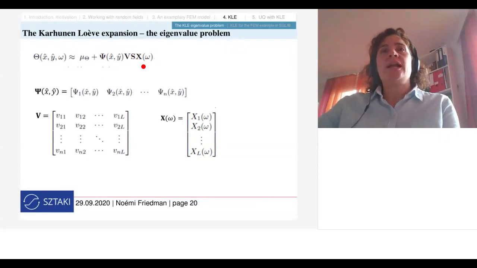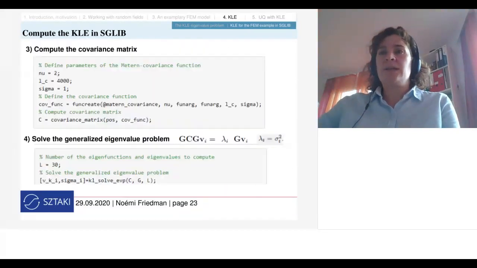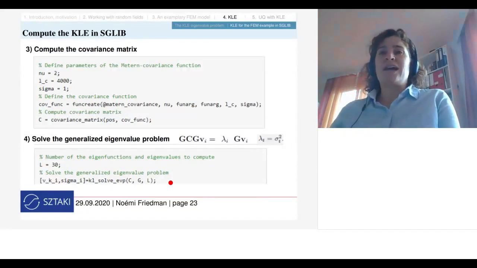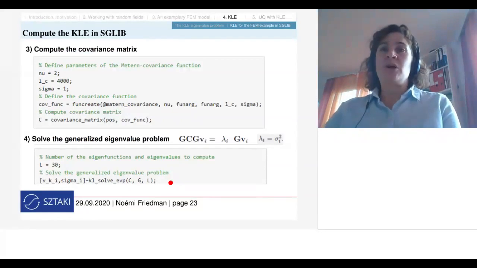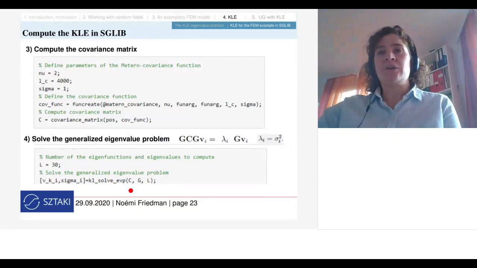If I choose L eigenbases, I will have L random variables. I don't want this to be really high, because, as I explained, the curse of dimensionality: if the dimension of the problem is really big, then we have problems with the computation. We try to escape with as small a number of random variables as possible.